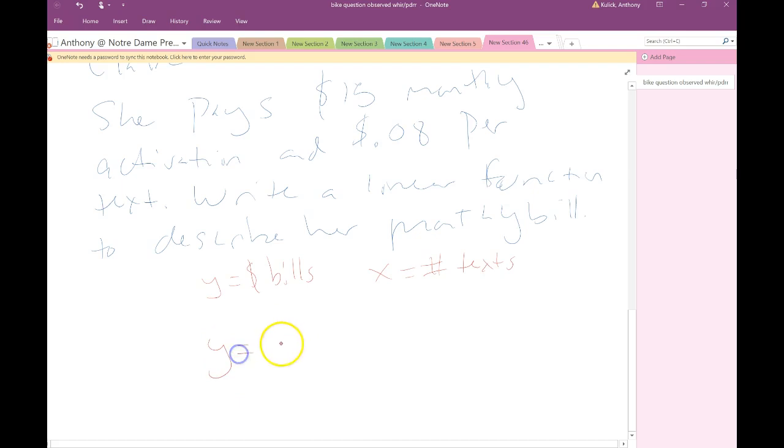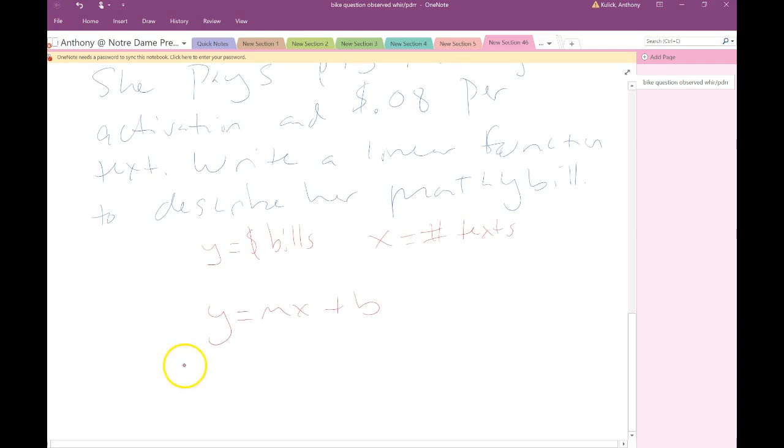So it's going to be y equals mx plus b will be the form. So if she sends 0 texts, how much will her bill be? $15, because we have to pay that activation fee no matter what, correct? What does that tell you? It tells us the value for b.